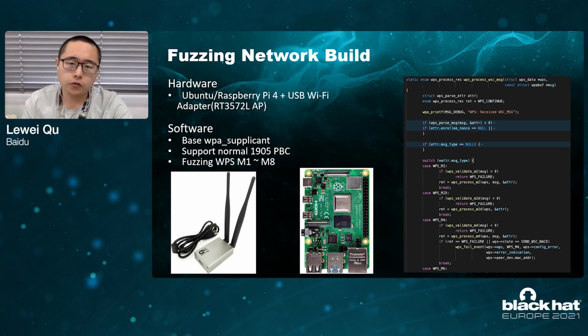About the fuzzing software, we choose an open source tool, wpa_supplicant, and modify it to build our fuzzer. The reason is that wpa_supplicant supports the 1905 PPC protocol originally, so we could put our fuzzing strategies in several stages of 1905 PPC, and this could help us fuzz network build stably and efficiently.